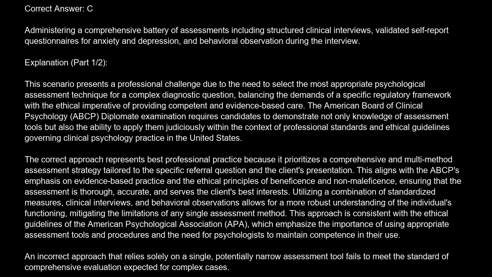This approach is consistent with the ethical guidelines of the American Psychological Association, APA, which emphasize the importance of using appropriate assessment tools and procedures and the need for psychologists to maintain competence in their use. An incorrect approach that relies solely on a single, potentially narrow assessment tool fails to meet the standard of comprehensive evaluation expected for complex cases.